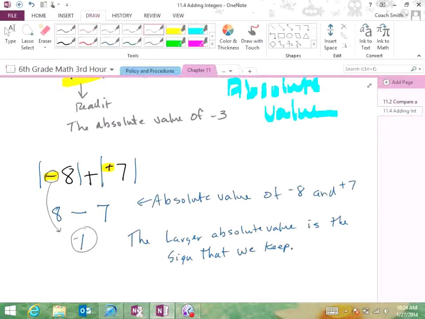Now, it is just like the positive and negatives that we did at the first. The problem is this. Eventually you're going to have numbers like, for example, what if we had -99 plus 48? Well, it would take too long for you to write out 99 negative signs and 48 positive signs and then start canceling them out.